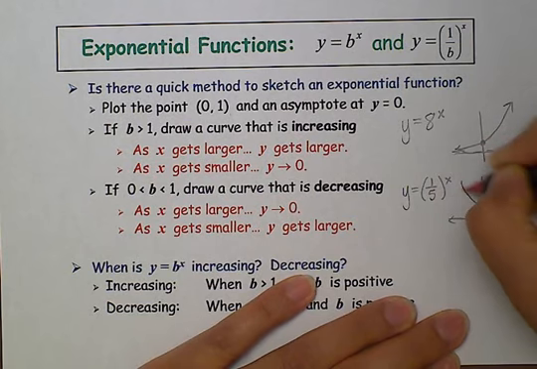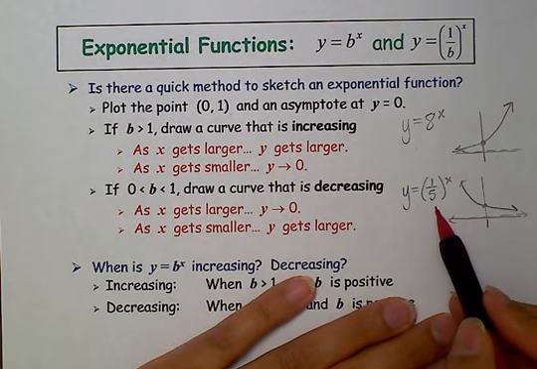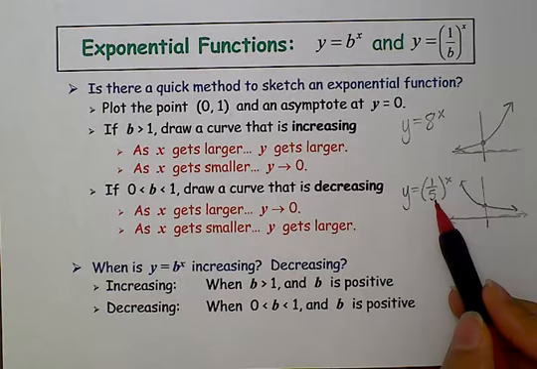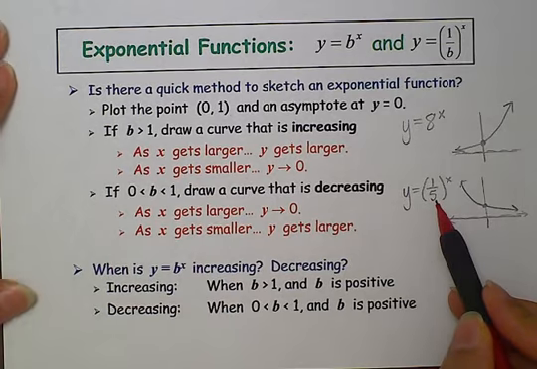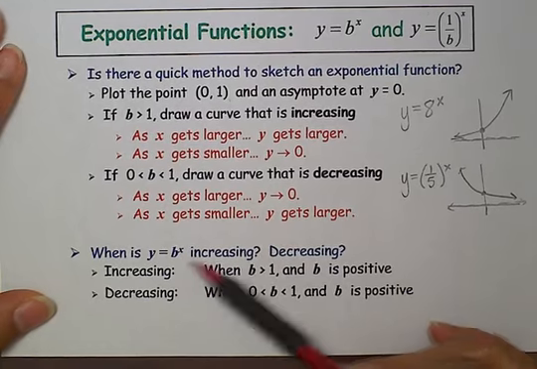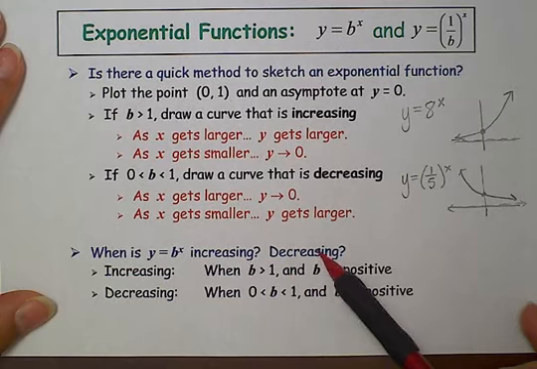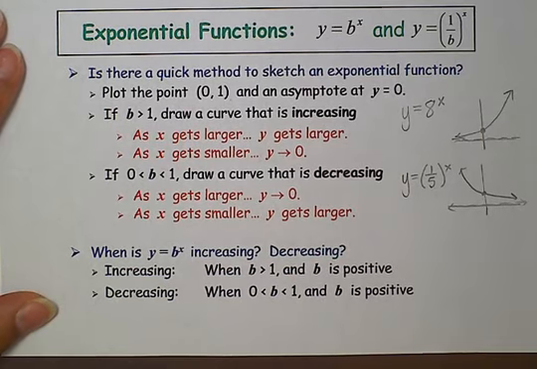The reason for that is because as I multiply 1 over 5 by itself more and more, the denominator is getting larger, so the function is getting smaller. So when is an exponential function increasing? It's increasing when the base is greater than 1. And when is it decreasing? When the base is between 0 and 1.